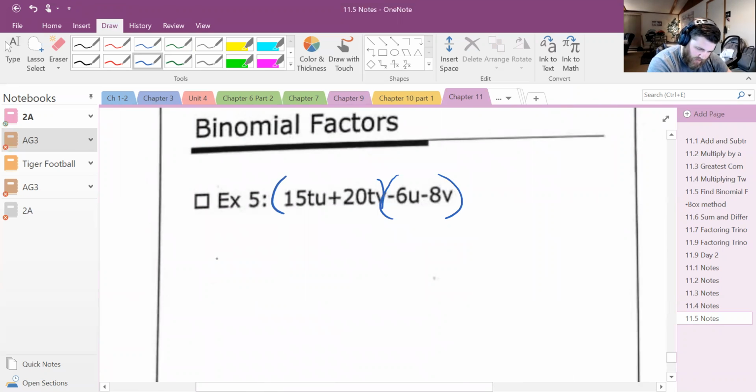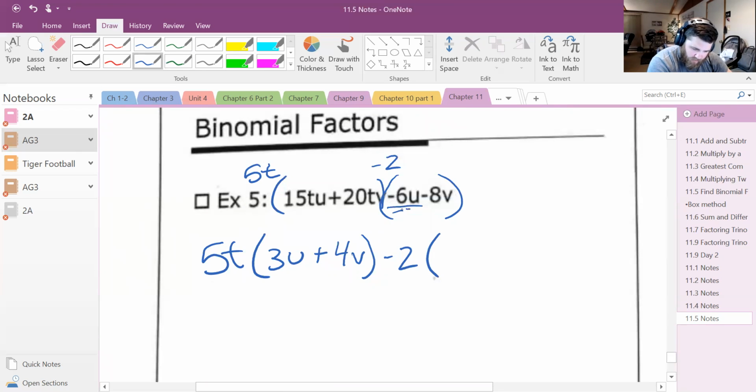Okay, so here we go. Let's pull a 5t out of the first two. So we're left with what? 3u plus 4v. Now let's be positive, so let's pull a negative 2 out.